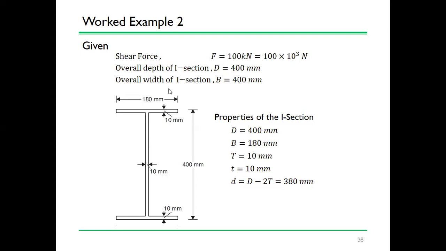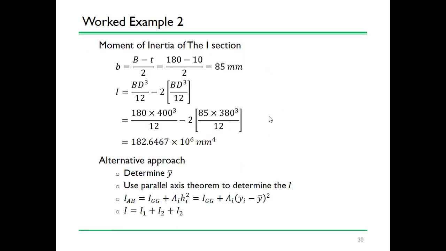So then we proceed with the computation. So what do you need? You have to calculate moment of inertia. And because it's a symmetrical I section, you can use the simple approach or the parallel axis theory method to determine your I.